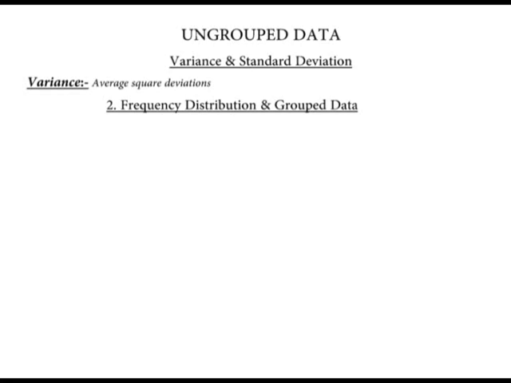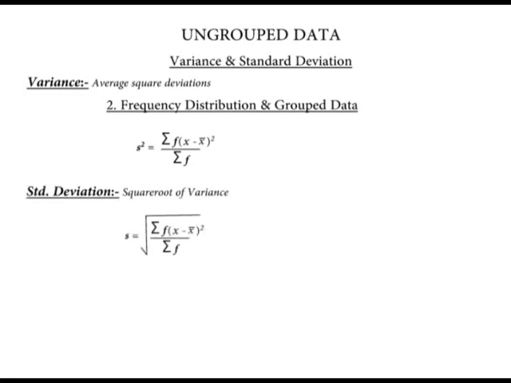For frequency distribution including grouped data, variance is equal to summation of f times x minus x bar squared over the summation of frequency. And that means the standard deviation will be the square root of that.